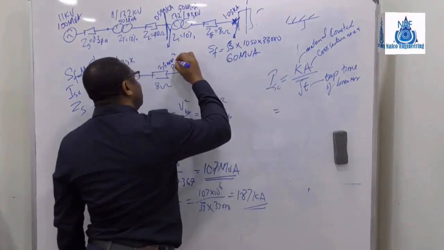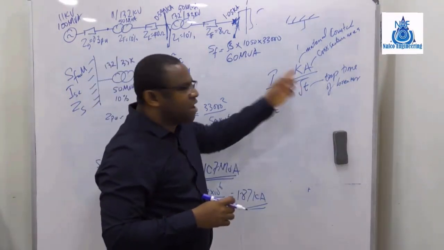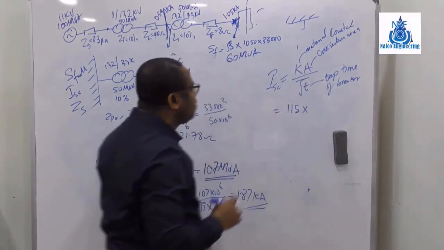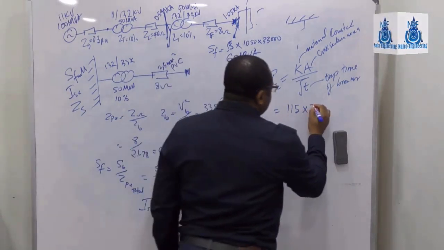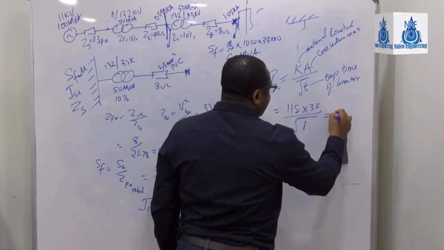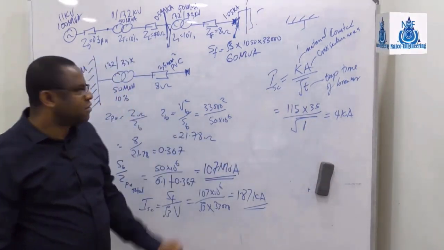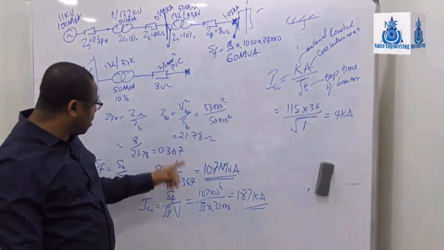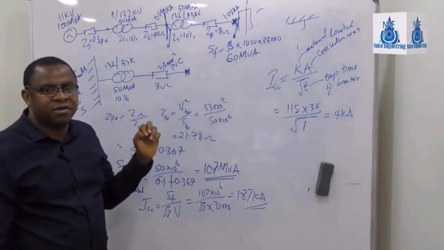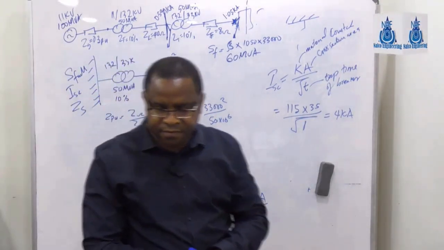If it is a PVC cable, the K value, this constant for PVC, is 115 times the cross-sectional area, that is 35, divided by the square root of T, which is 1. If you do this, maybe you get about 4 kiloamps. This is how much this can handle in 1 second. And if you check how much fault current is flowing through there, it's about 1.8. So that means that this cable can handle this, if this cable is a 35 square millimeter cable. Okay?